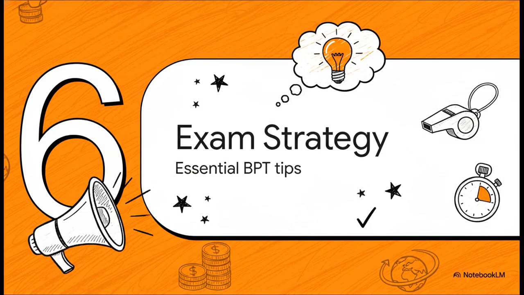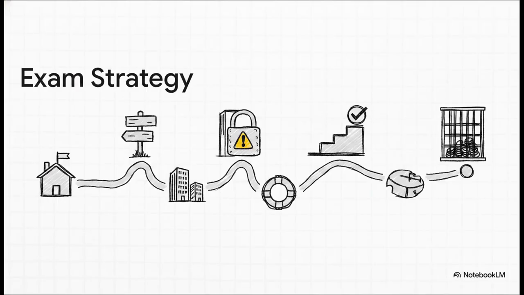Finally, Section 6, Essential BPT Exam Strategy. Let's put on our exam coach hats for this final stretch and synthesize all this heavy theory into actual passing marks. All right, rapid fire. Here's your systematic, structured approach for exam day. Always frame the question by establishing residence first. That dictates your entire analytical framework.